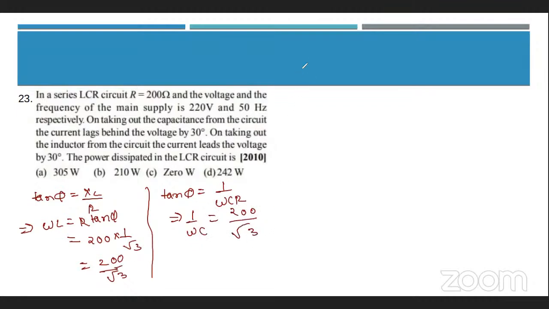If I'm trying to find the impedance of the circuit, Z is equal to the root of R square plus 1 by omega C minus omega L whole square, because it will be XC minus XL whole square. If I substitute the values, we have 200 square plus 200 over root 3 whole square.